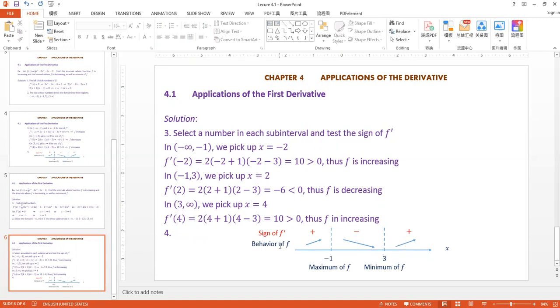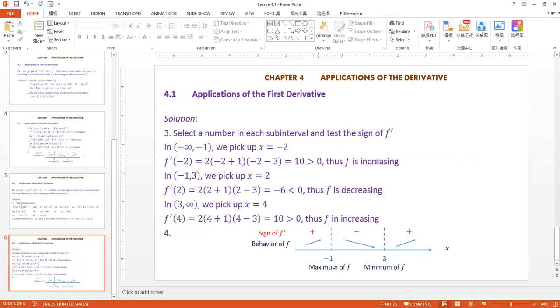Correspondingly, the behavior of f itself is increasing in the first region, decreasing in the second region, and increasing again in the third region. So we already did that in step 3. So we just draw the diagram to see the shape of the curve. The curve is increasing from the left, going down from -1 to 3, and going up again after 3. So that's how the curve looks, how the function behaves graphically.